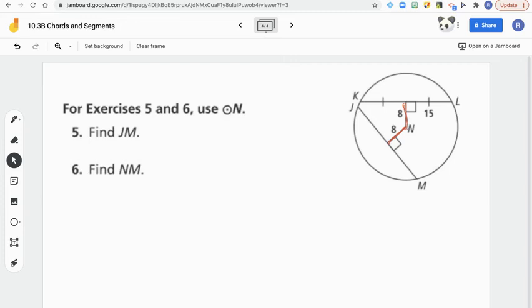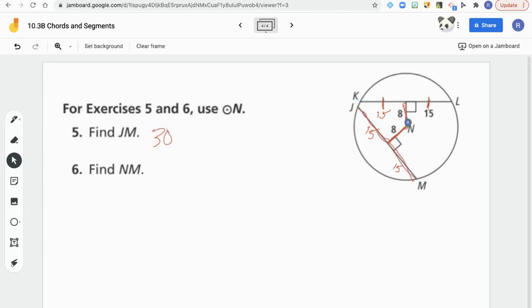So we know that these two halves also must be the same. So if that side is 15, then this side is 15. And likewise, these two have to be 15. So now if we want to find JM, this length here, JM is going to be 30.